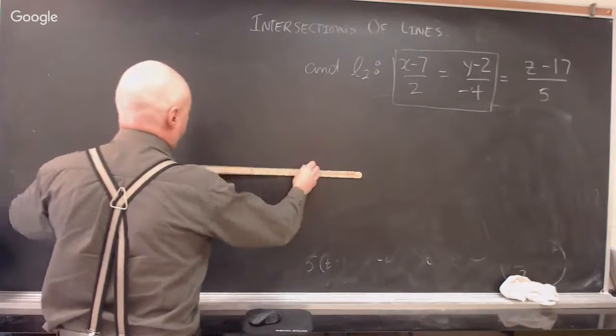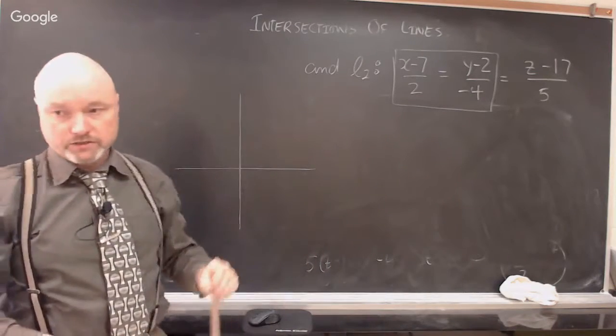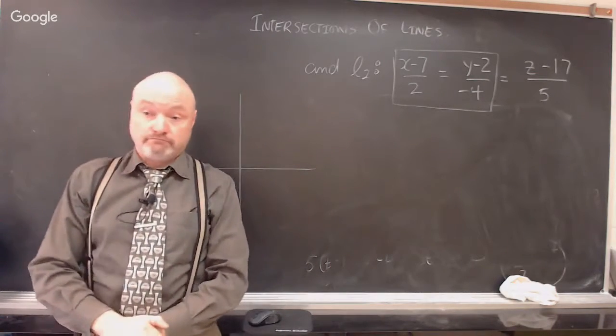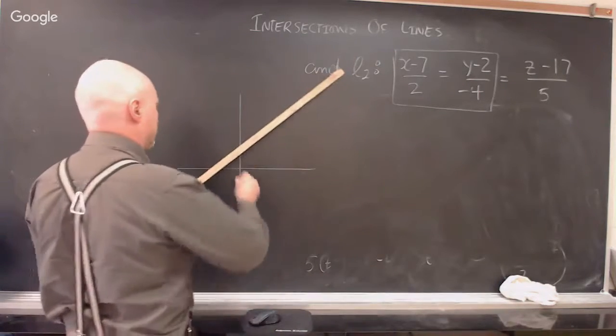So if I have two lines, what's one possible way these lines could be organized relative to each other? Parallel. They could be parallel, that's right.